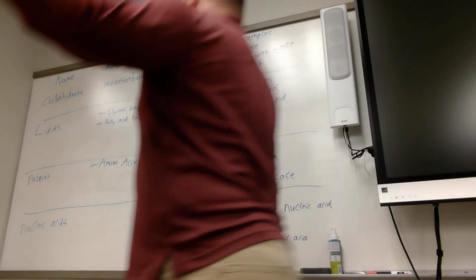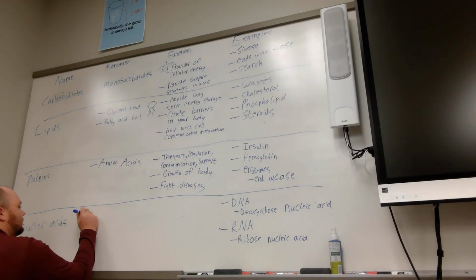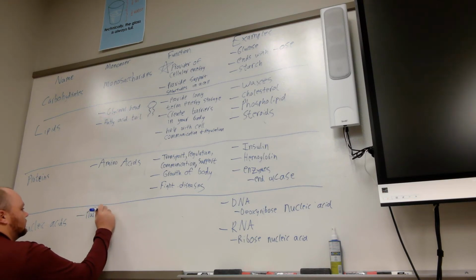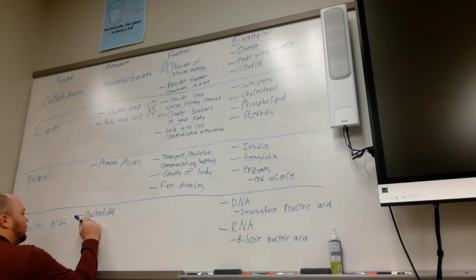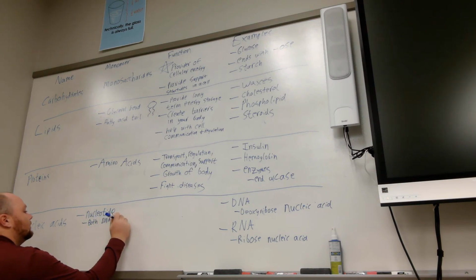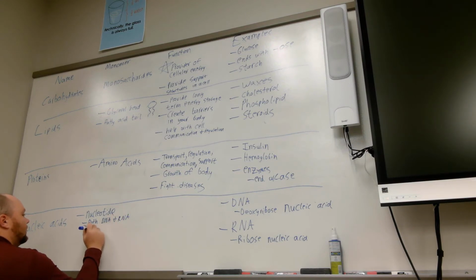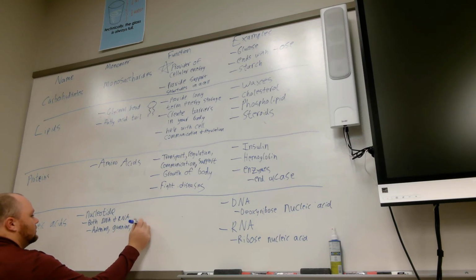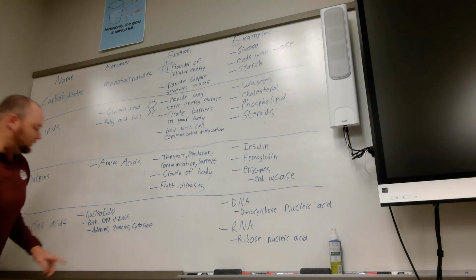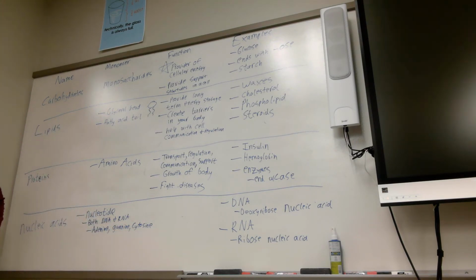The monomer for this is called a nucleotide. And there are five different nucleotides. In both DNA and RNA, you have adenine, guanine, and cytosine, which are pretty commonly referred to as A, G, and C. We'll go over this a lot more later.